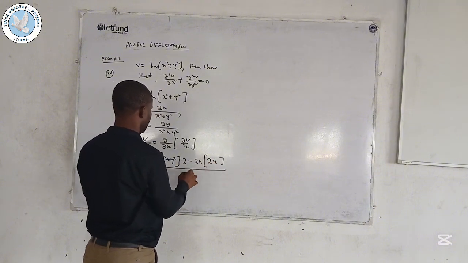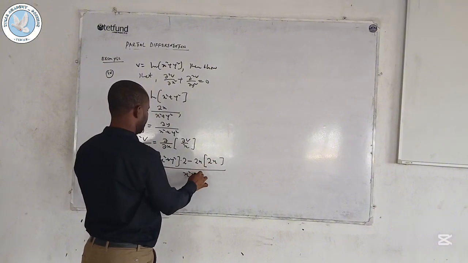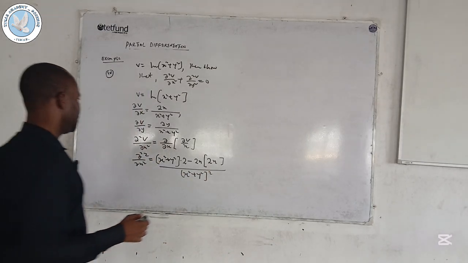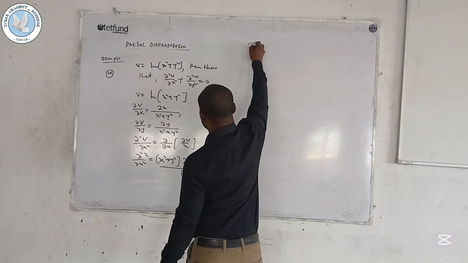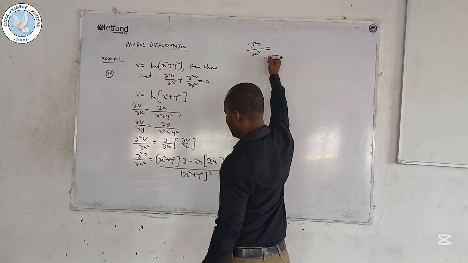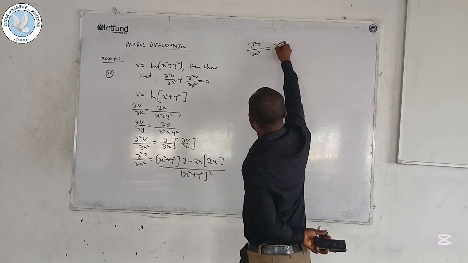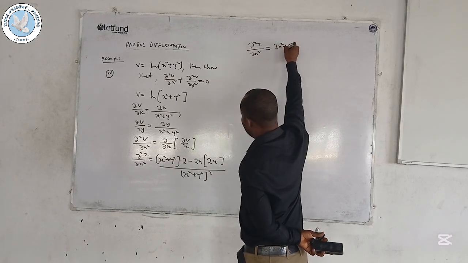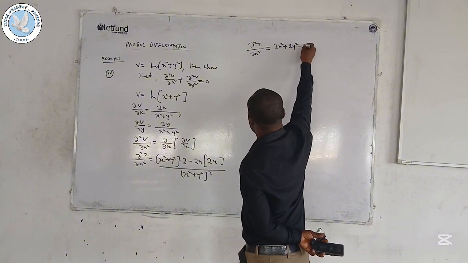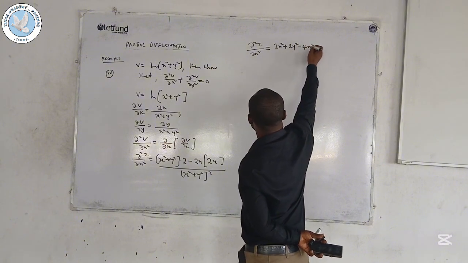Divide both of them with this into that. So we can further simplify the equation, and that will give us 2x squared plus 2y squared minus 4x squared.